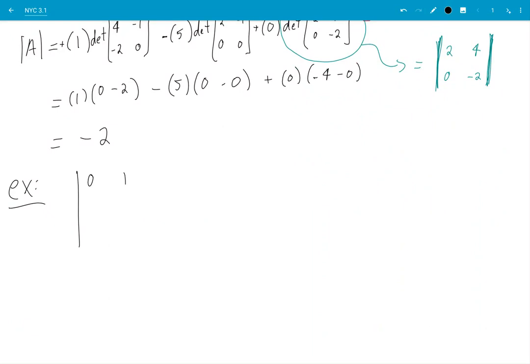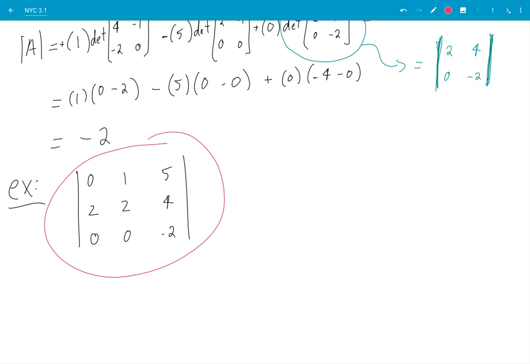Rows 0, 1, 5; 2, 2, 4; 0, 0, -2. Okay, before I even start here, question for you: what have I written here? Is this a matrix or is this a determinant?